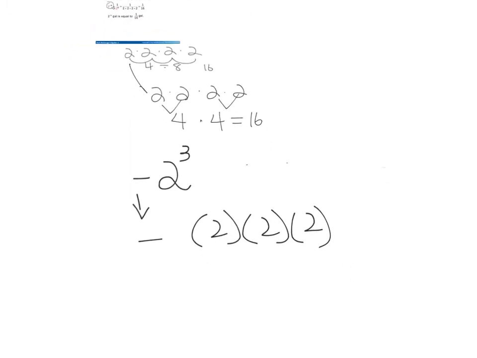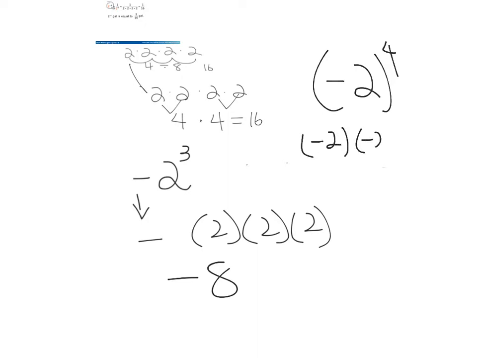The answer is going to be the same either way. It's negative 8. Okay? However, if you have something like this, negative 2 in a parenthesis, raised to the 4th power, when it's held in that negative sign, this means it's going to be negative 2 times negative 2 times negative 2 times negative 2.